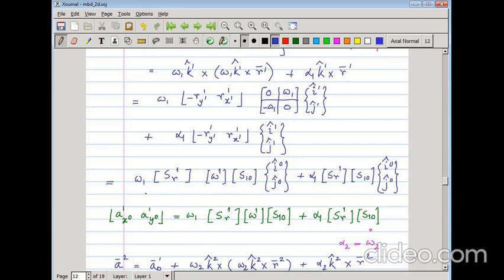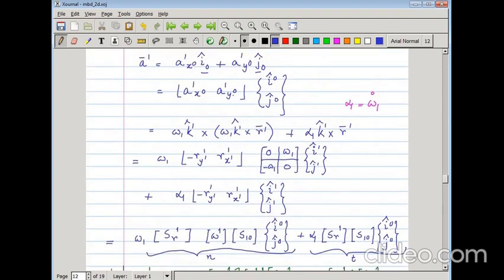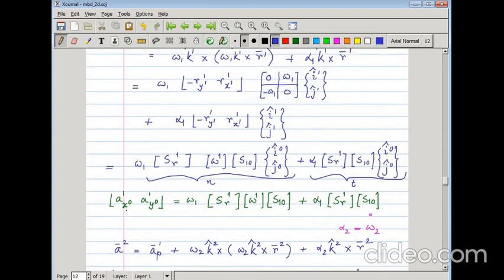So if you notice carefully, this is actually the normal component of acceleration and this is actually the tangential component of acceleration. So now here if you drop the i0 j0 from both the sides, you get this relation.